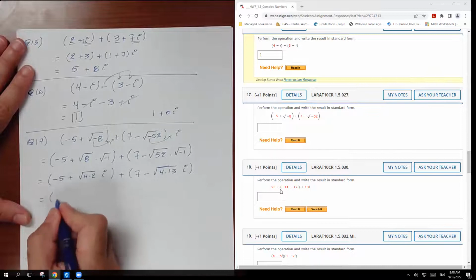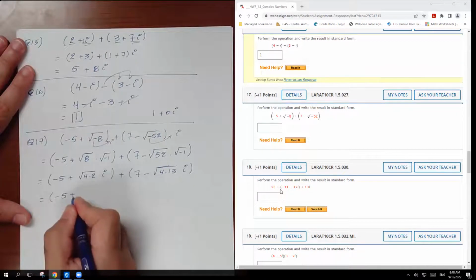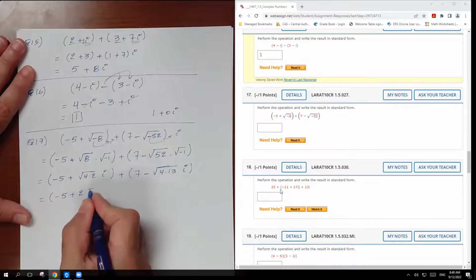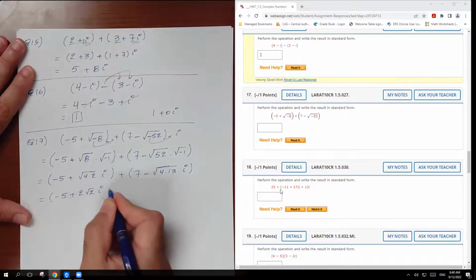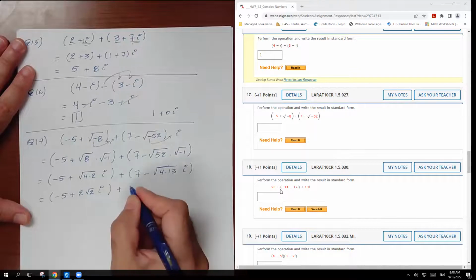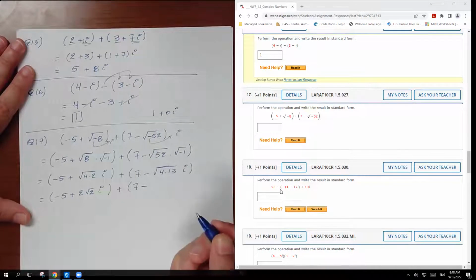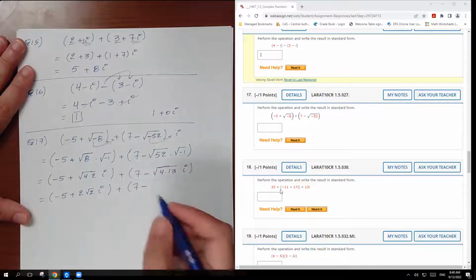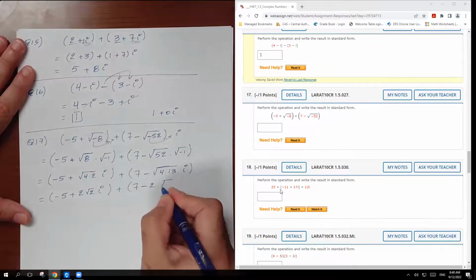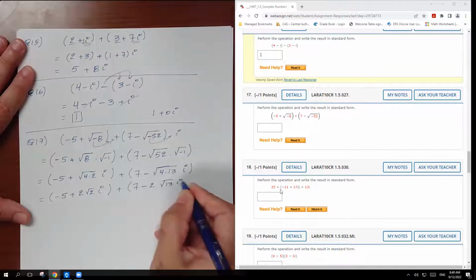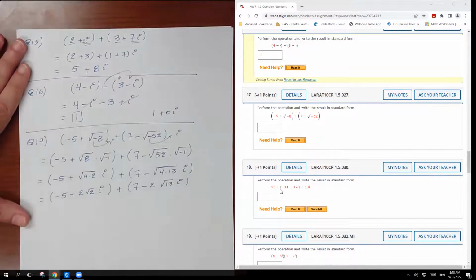Now this one is going to be equal -5 plus square root of 4 is going to be 2, and the left is square root of 2, and here is the I. Plus here is 7 minus square root of 4 is going to be 2. And here is the square root of 13. Here is the I. Now we need to add these together and write down in the standard form. So how are we going to do that?